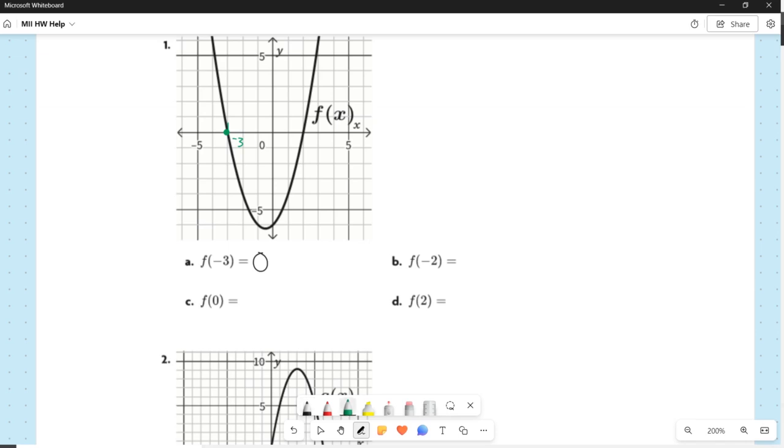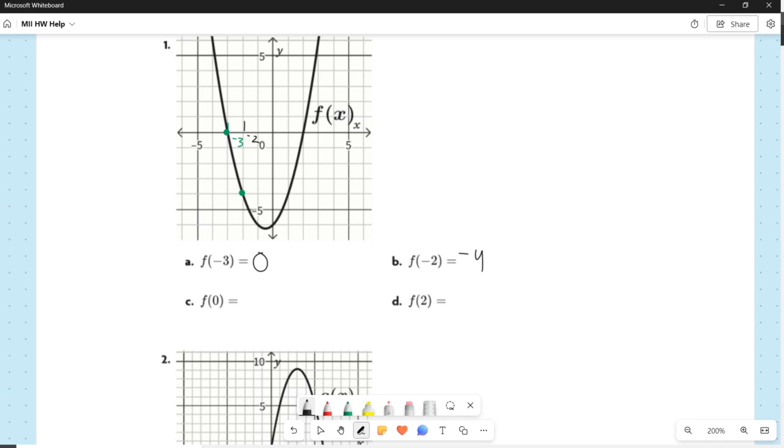For B, x is negative 2. Let's go ahead and just do this in black. For negative 2, when we evaluate negative 2, we are down there, which is 1, 2, 3, 4. So it's negative 4.